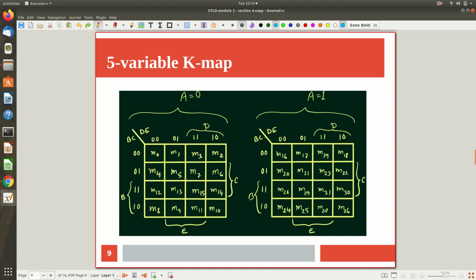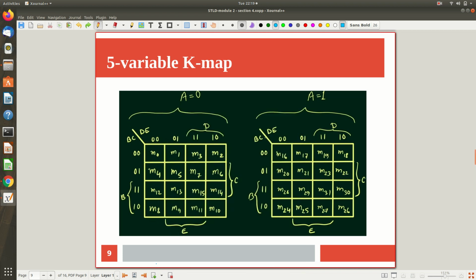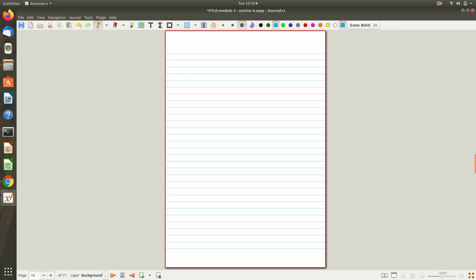A, B, C, D, E. That is how my function looks, and I hope these things are clear to you already. What does a 5 variable expression mean? When I have 5 variables A, B, C, D, E, I have a function of A, B, C, D, E. So how many assignments will I get? 0, 0, 0, 0, 0, then 0, 0, 0, 0, 1, like that.